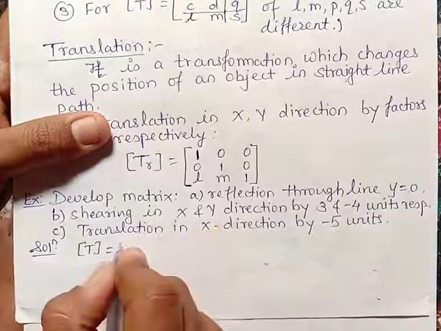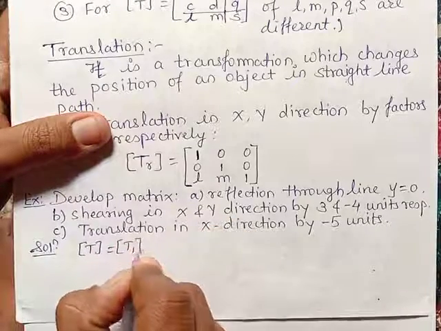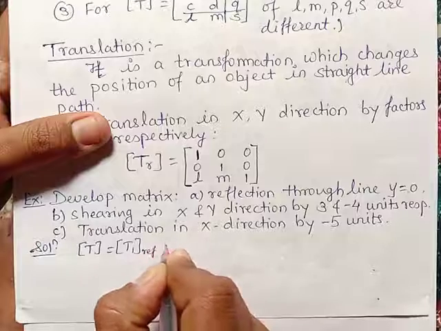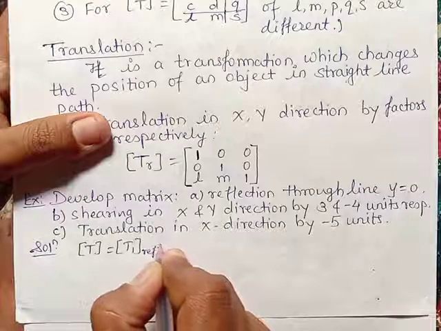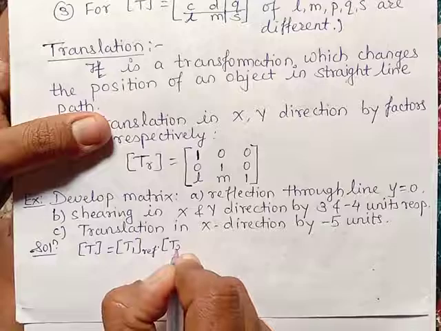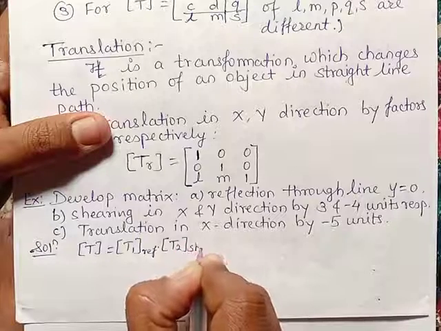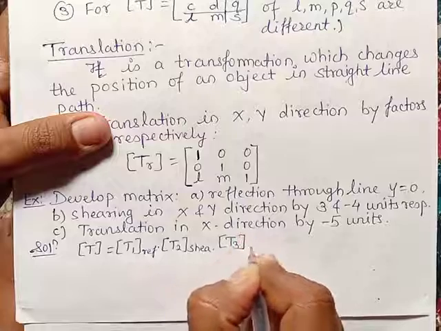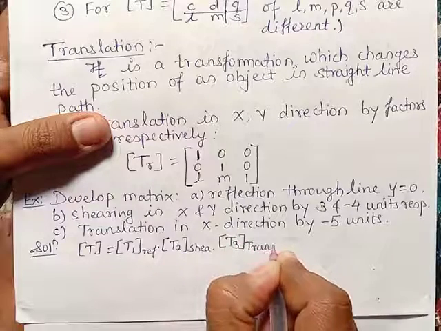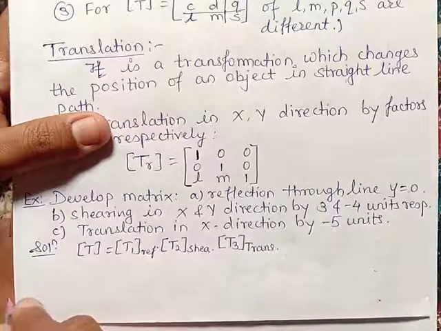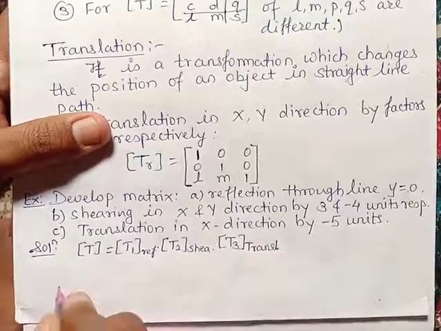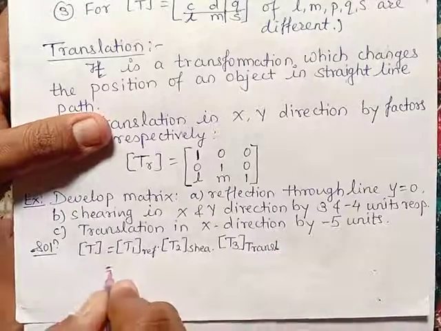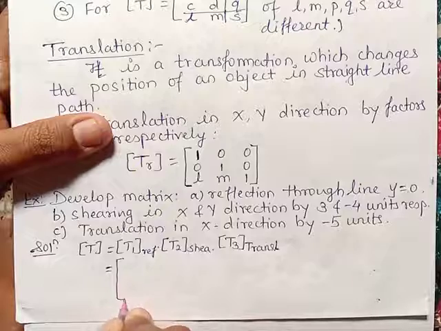First T1 is for reflection, right? Then next T2 is for what? Shearing. Okay, and T3 is for translation, right? As such. So let's write these matrices.